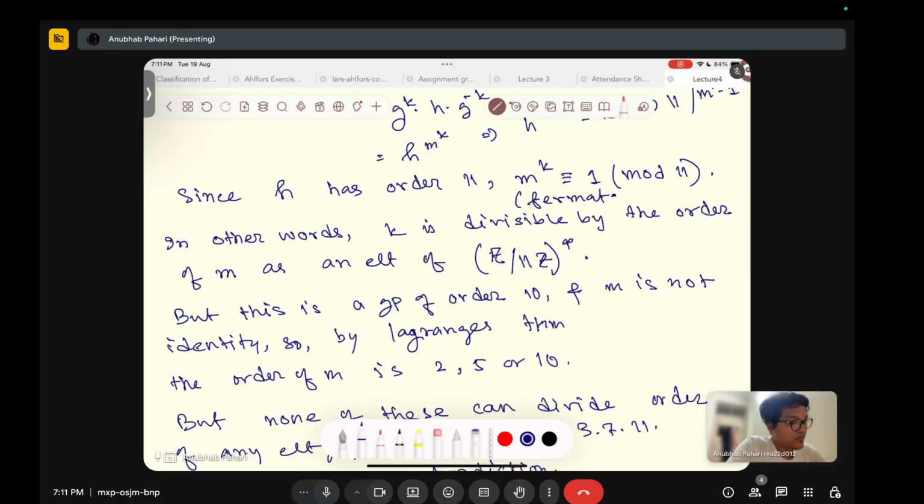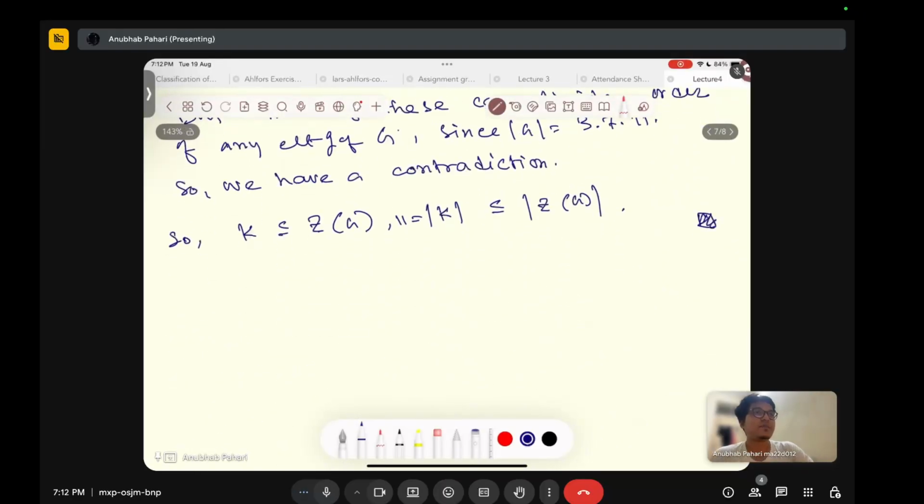Z by 11Z star meaning all the non-zero elements, as I should have zero excluded. So this is a group under multiplication modulo 11. Okay.